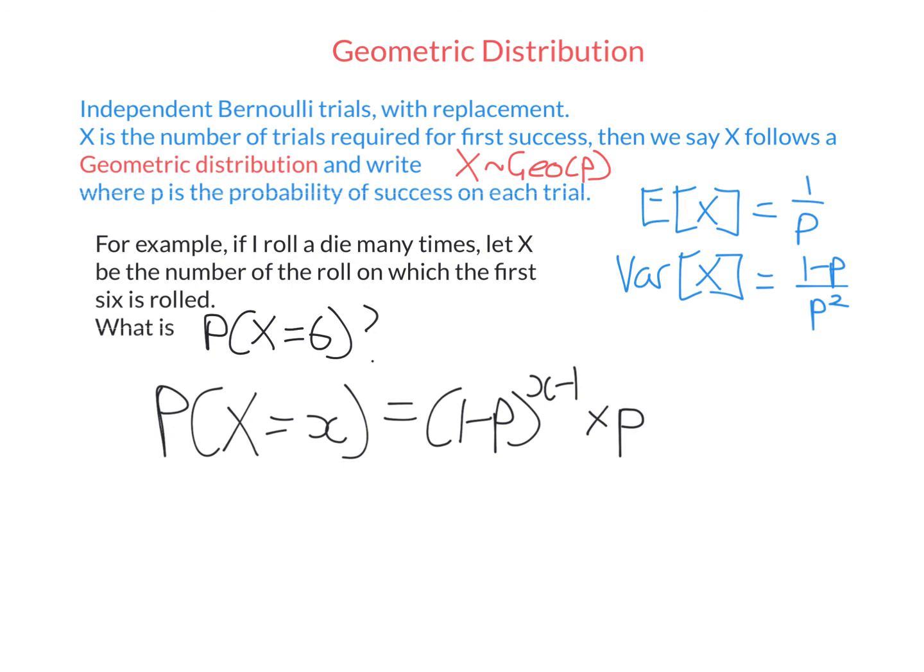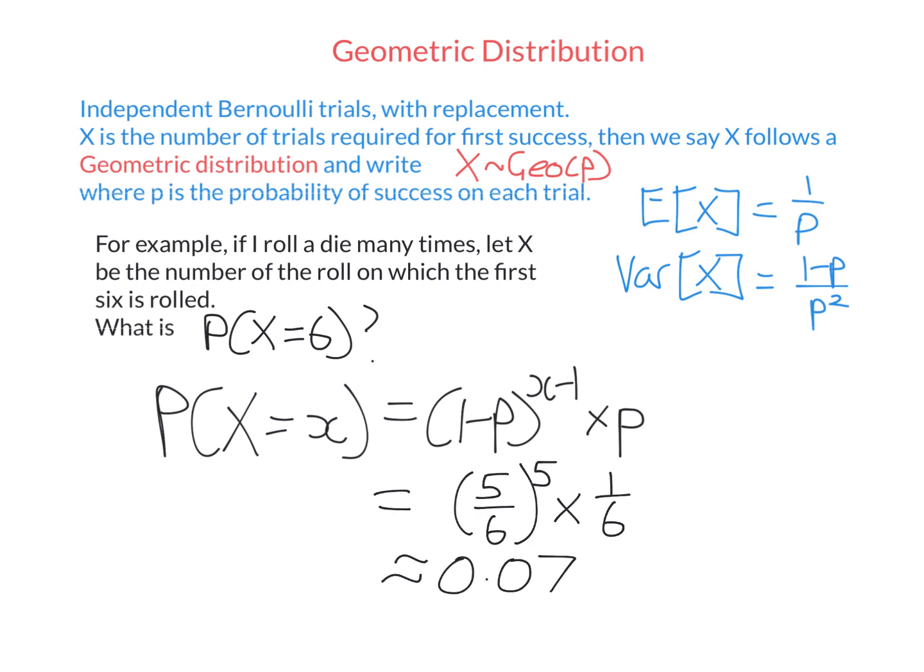So in the context of this question, the probability X equals 6 is the probability I don't get a 6 on the first 5 rolls, but then I do get a 6 on the next roll. And so the probability is 0.07, about a 7% chance that if I keep rolling a die, I won't get a 6 until the 6th roll.